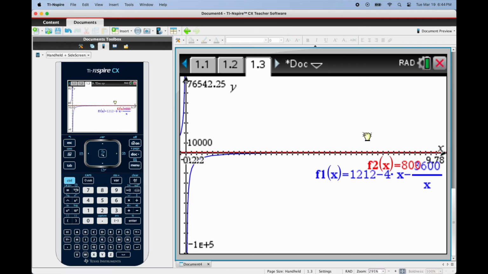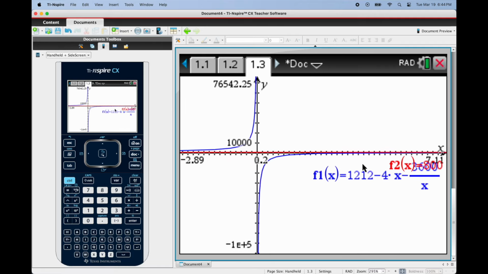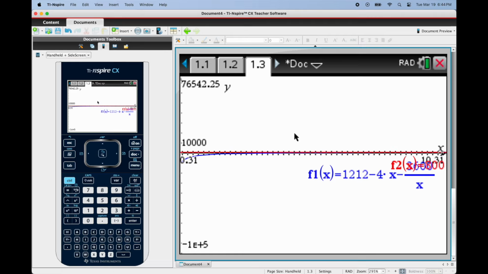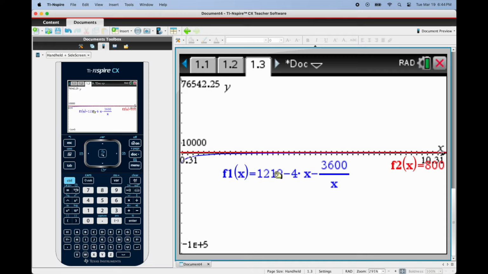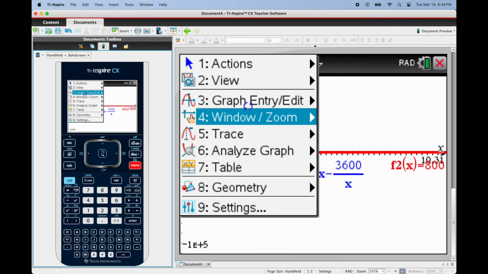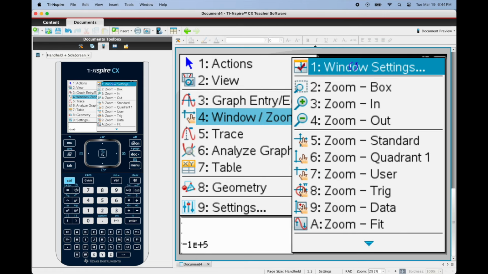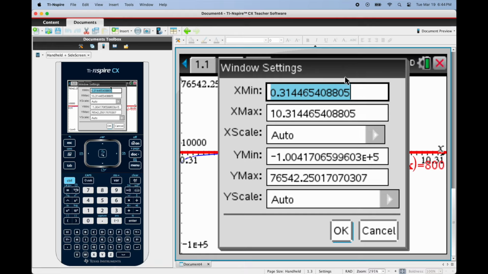Okay. So I believe 1212 minus 4x minus 3600 over x. We wanted to see when this was equal to 800, and it was at 9.64. Sorry, I wonder if this is a little tedious. Let's go negative 10 to 10.